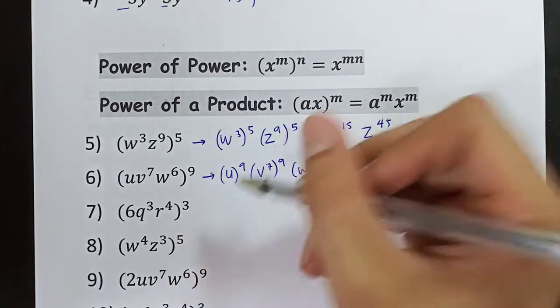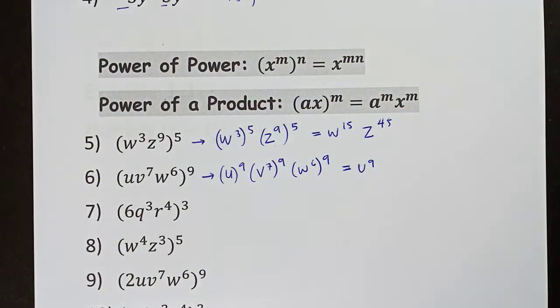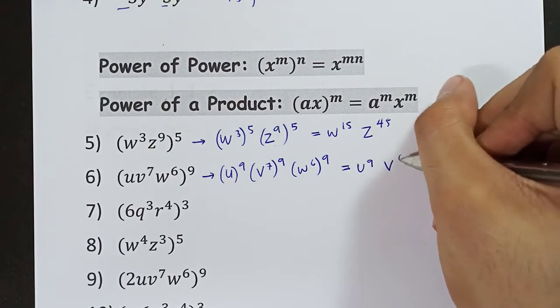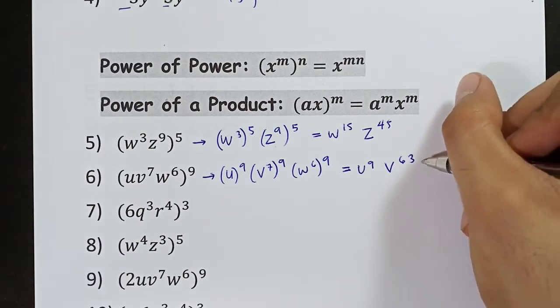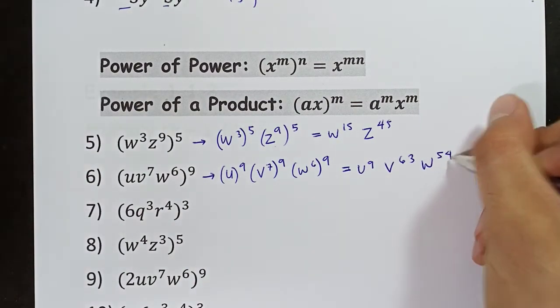So the answer is u raised to 9, then 7 times 9 is 63, so v raised to 63, and w, 6 times 9 is 54. So that is the answer.